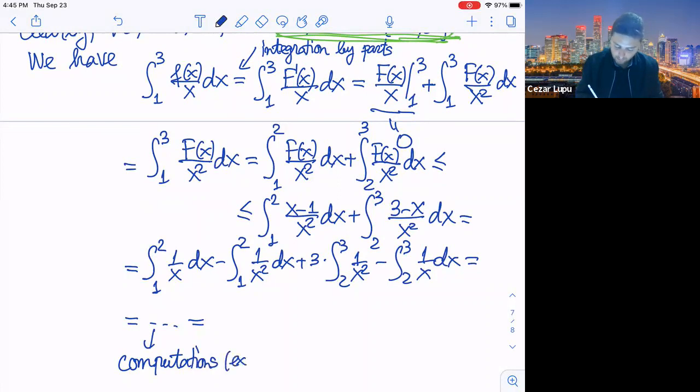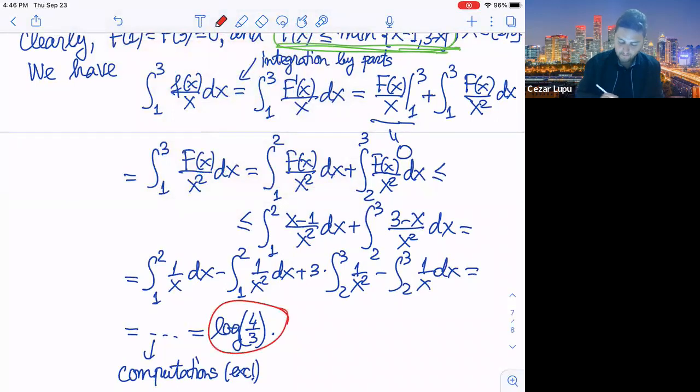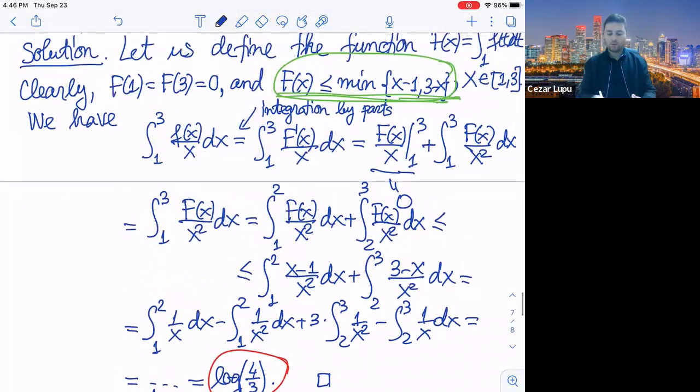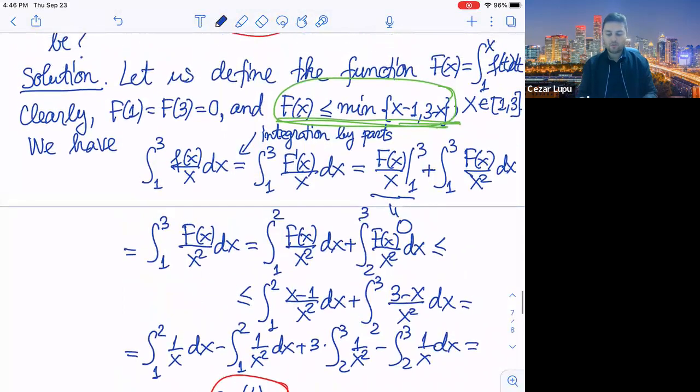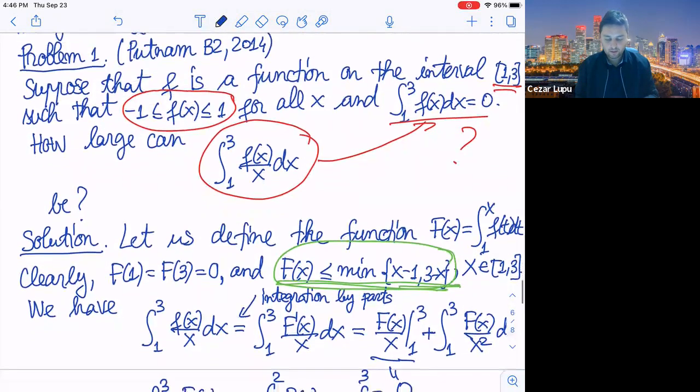This will give us log of 4 over 3. I hope I did the computations correctly. So that is how large this integral can be. That's the problem. It was fairly easy. Once you made these observations and defined this function, that's pretty easy. So that was Putnam B2 in 2014.